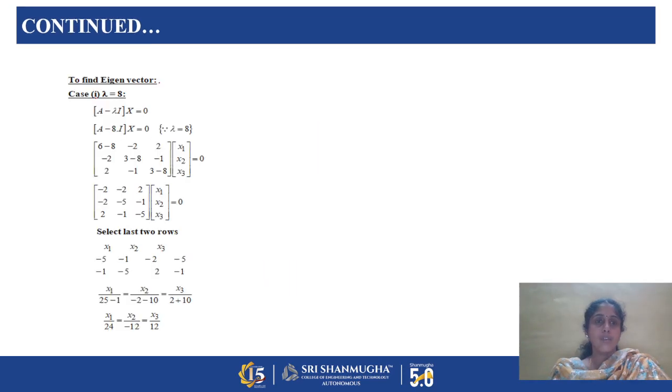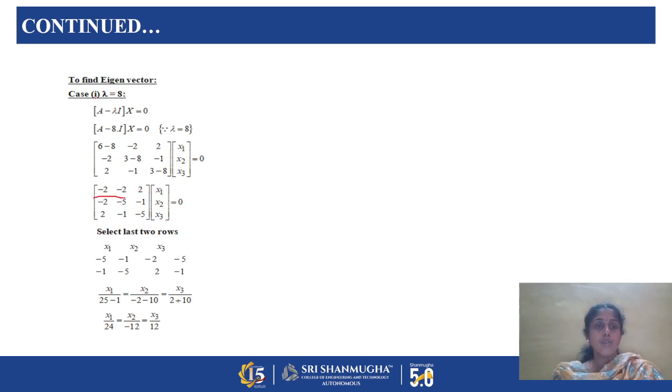Now my next job is to find the eigenvectors. First, choose the non-repeated value lambda equal to 8, with the same eigenvector equation (A minus lambda I) x equal to 0. Putting lambda equal to 8, the matrix becomes minus 2, minus 2, 2; minus 2, minus 5, minus 1; 2, minus 1, minus 5, times x1, x2, x3 equal to 0.